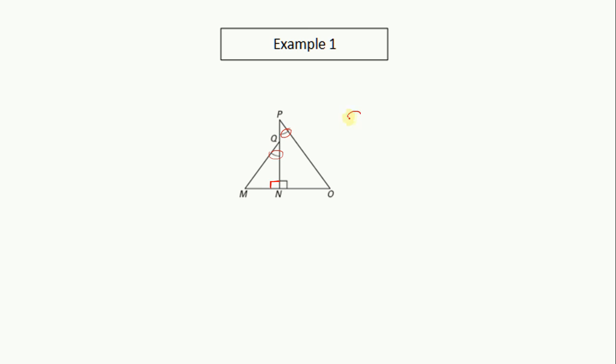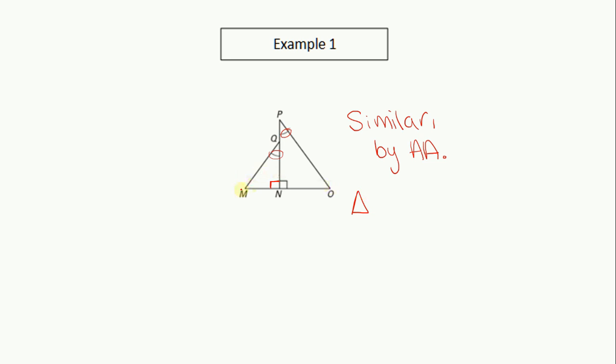So I'm going to say they are similar. And since we're going to have other ways that we can call them similar, I'm going to actually put the way we know that. So that's by AA at this current time. That's the only way we know that, unless we have all angles congruent and all sides proportional. That's the other way we can call it as well. But AA is kind of our shortcut. Now let's write our similarity statement.